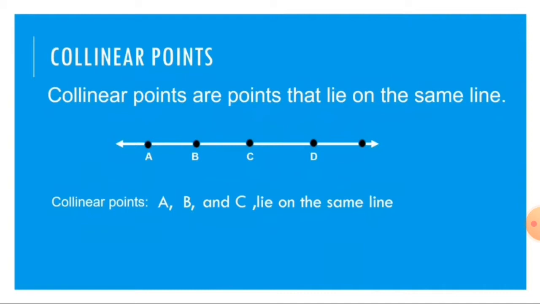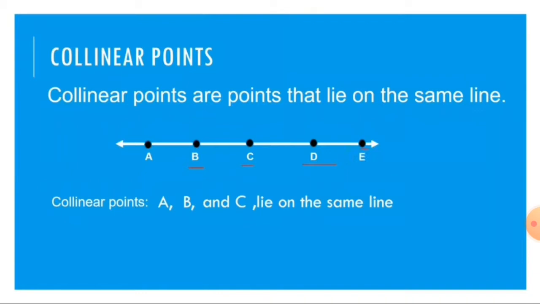Kahit piliin ko pa si point B, point C at point D, dahil nasa iisang line sila, that is again collinear points. So let us have this point.